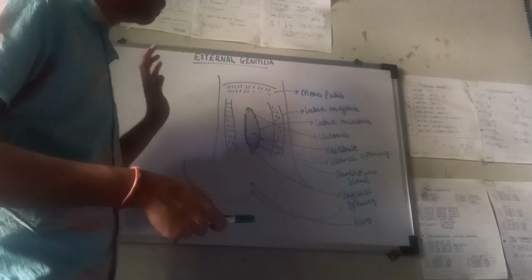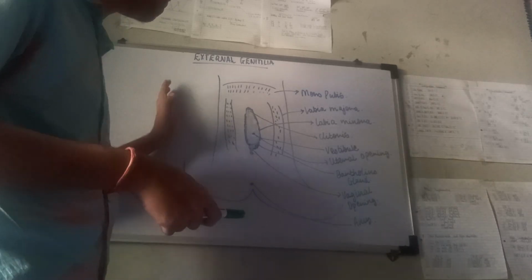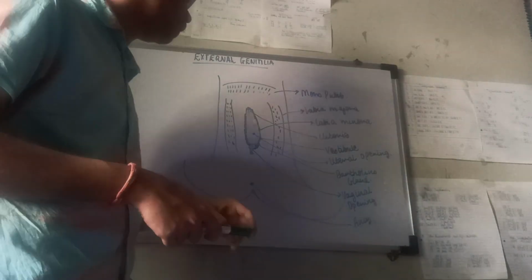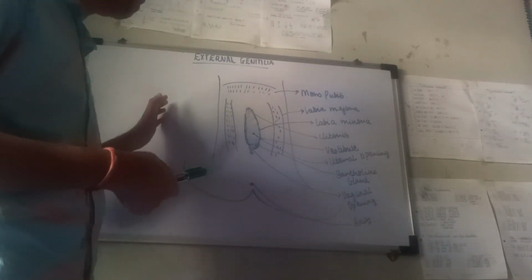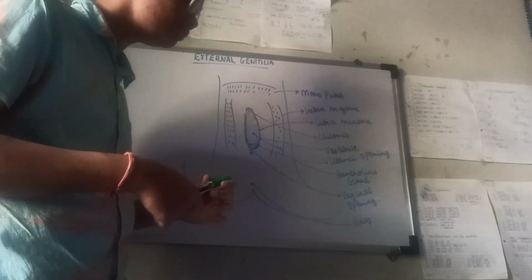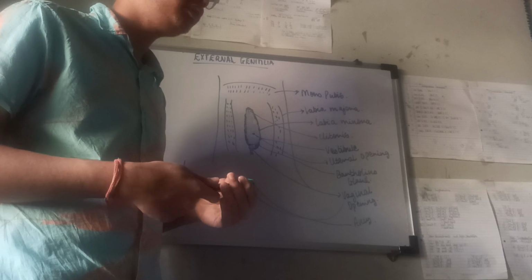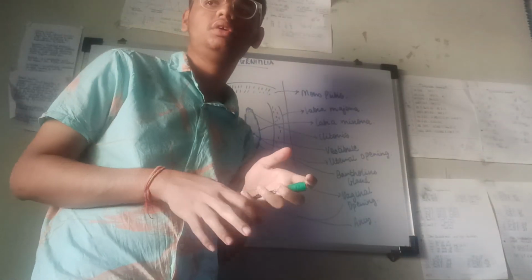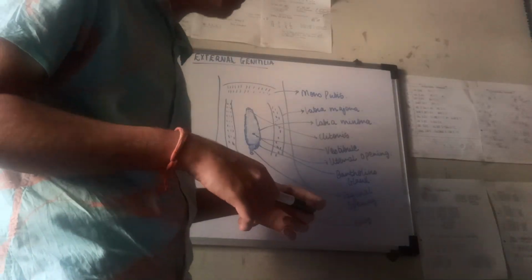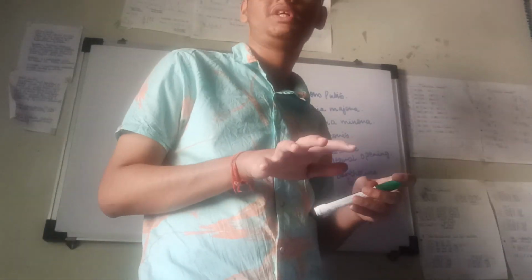It's quite clear in this diagram, and you can practice the diagram and read the description from the NCERT. Now moving forward, I will give you a short description about the hormones present in the female reproductive system.